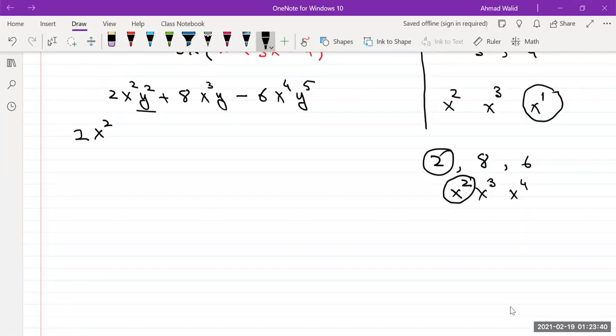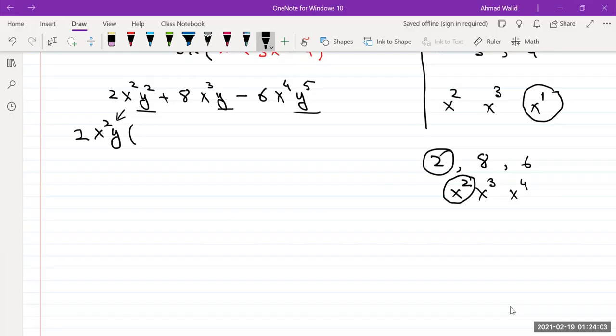Between y squared, y, and y to the power of 5, definitely y. That's my GCF. Now open a parenthesis, divide each term by your GCF and write the answer inside your parentheses.